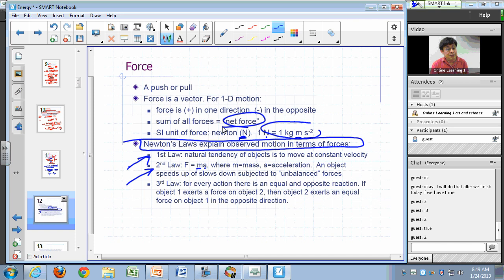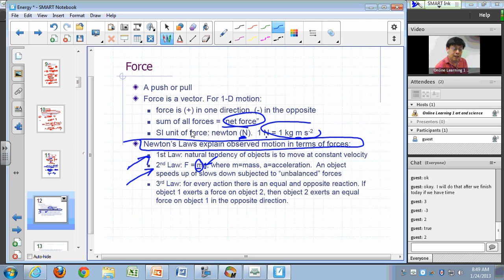So if an object is accelerating more, that means there's a stronger force acting on it. Or if you have a bigger mass, for the same amount of force, your acceleration is going to be smaller. You won't be able to accelerate a bigger object with the same amount of force.